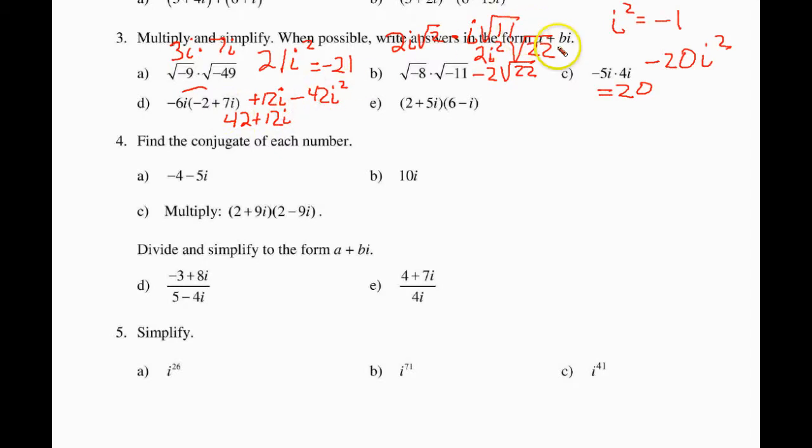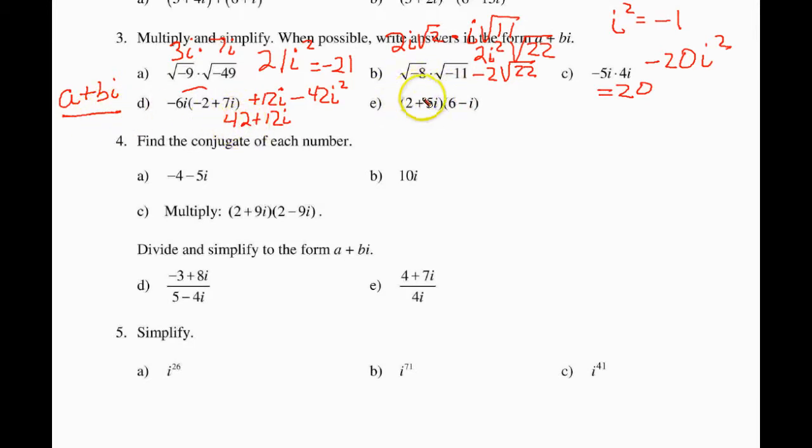And that is written in this standard form over here, a plus bi. This is the standard form. Theoretically, they could count it wrong if you wrote it the other way. But I noticed down below, this is how they're writing the answer. They're writing it the other way. So they're not following their own directive, which I guess we have a little wiggle room here. This is the way it should be written.